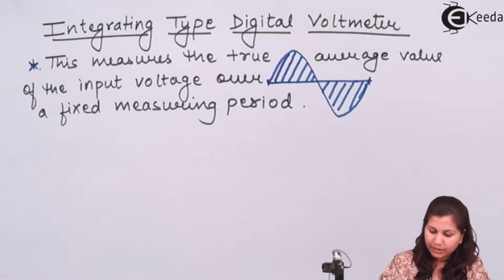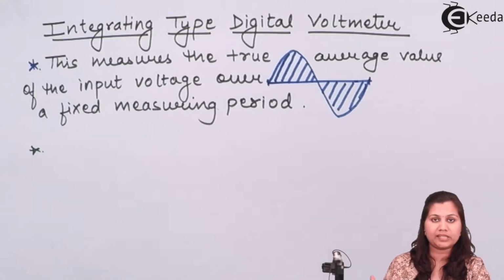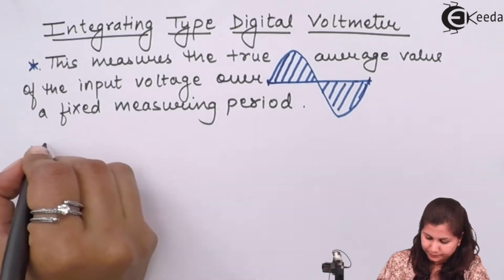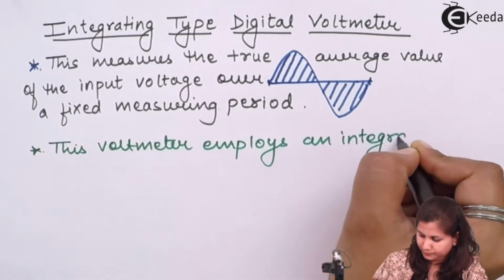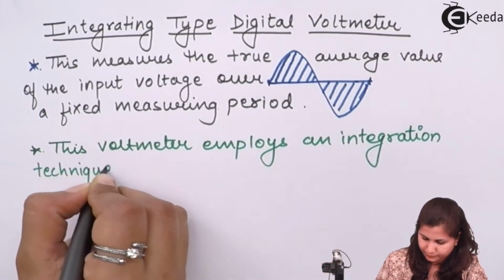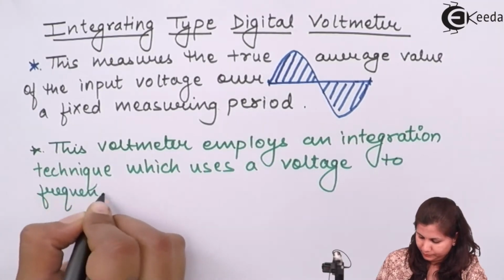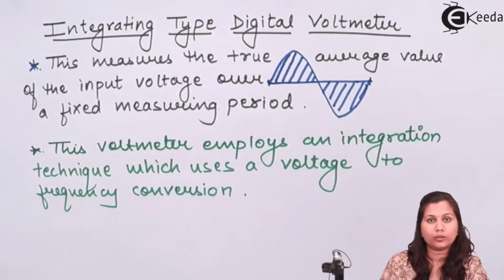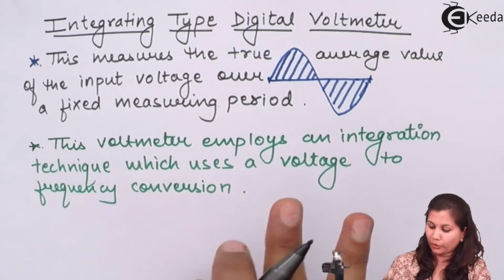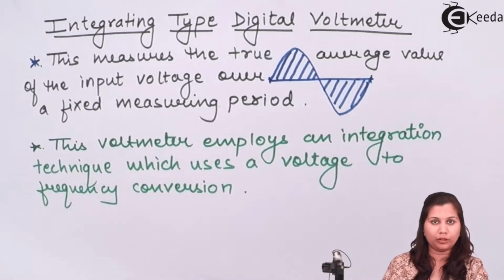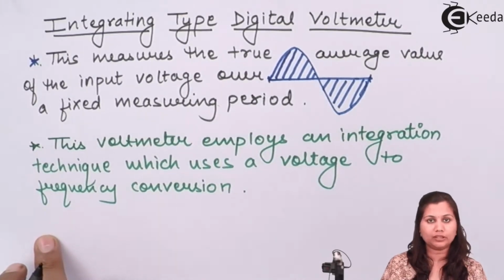So this voltage to frequency converter is going to convert the input voltage into frequency, and then the frequency will be measured. Frequency is proportional to the magnitude of the input voltage.